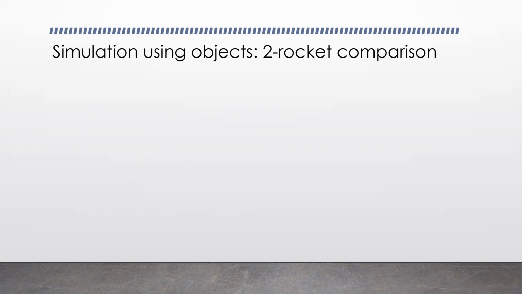Now here's how we would do then a two-rocket comparison. Later in our program, in our main section, for example, we'd create rocket 1, and we'd have to pass it M1, D1, T1 for mass 1, drag 1, and thrust 1 to construct it properly.